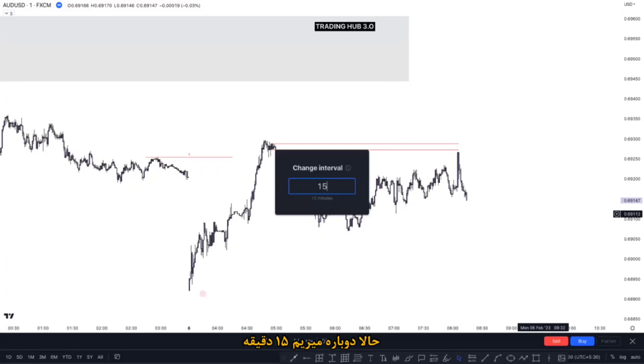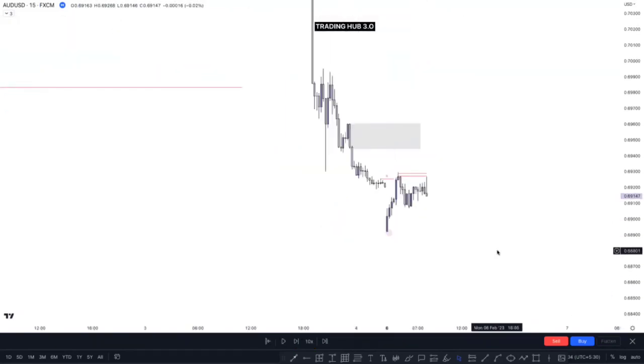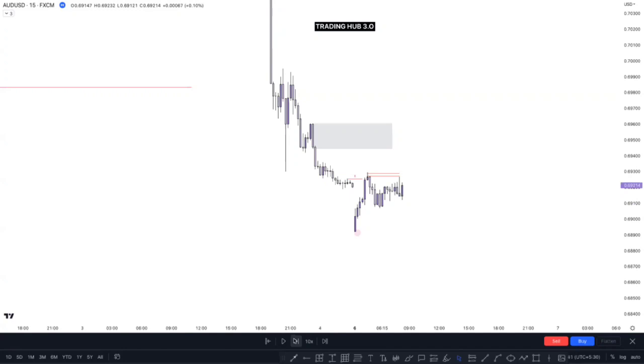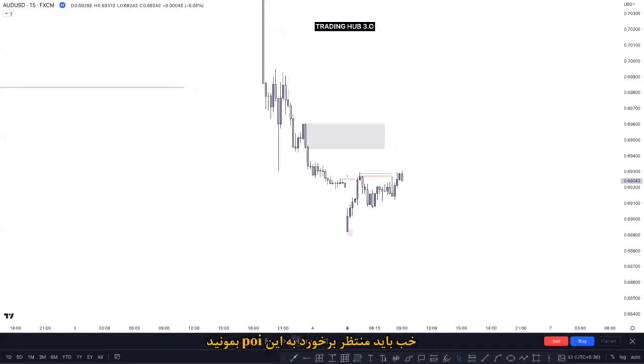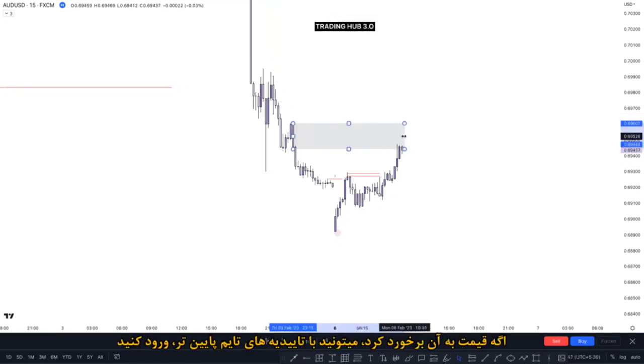Now switch again here to the 15-minute time frame. Okay, and let's see, you have to wait for the market to mitigate your POI zone, right? So this one is your POI, right? So once market taps on your 15-minute POI, then you can sell here based on a 1 minute time frame, based on a lower time frame confirmation.